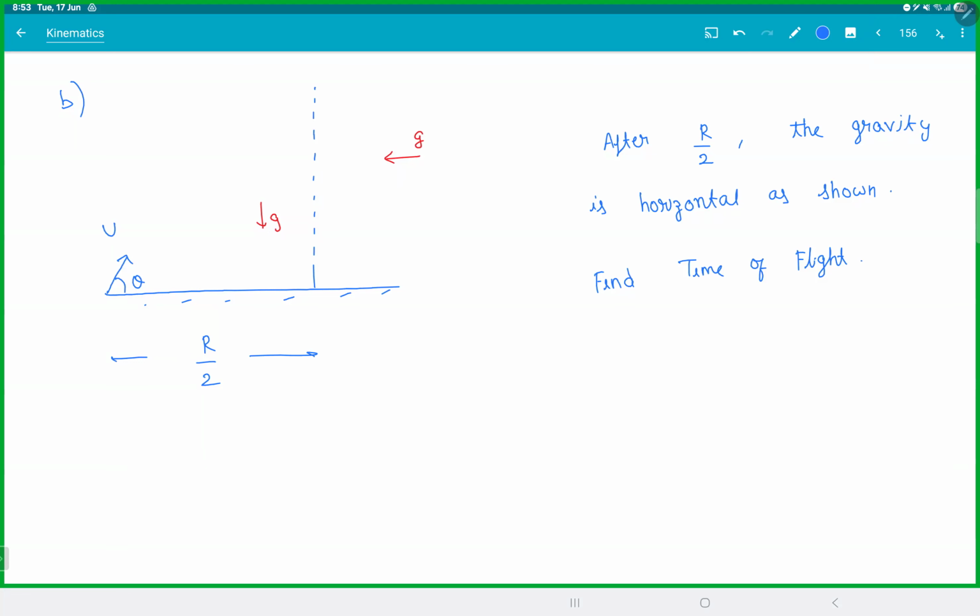Right, Samir, we have one answer. So on the right side of the boundary, it is g horizontal. On the left side of the boundary, it is vertically g.